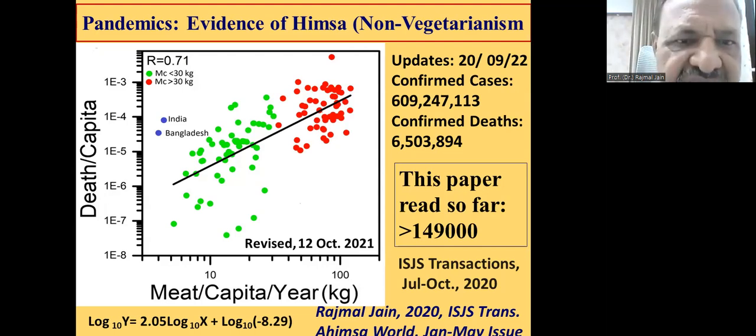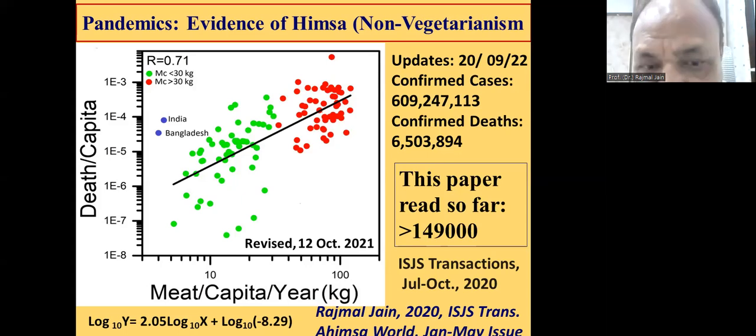And in the y-axis, what I have shown is the death per capita, derived on the population of that country. So how much meat is consumed by that country is on the x-axis, and how many deaths were there per capita is on the y-axis. Now, this plot is fitted by a linear correlation fitting, and the correlation is very good, more than 0.71.